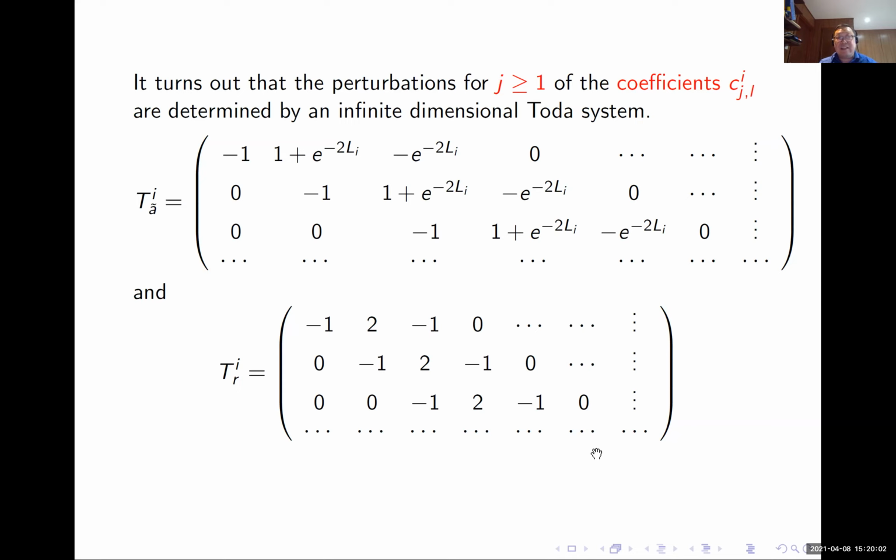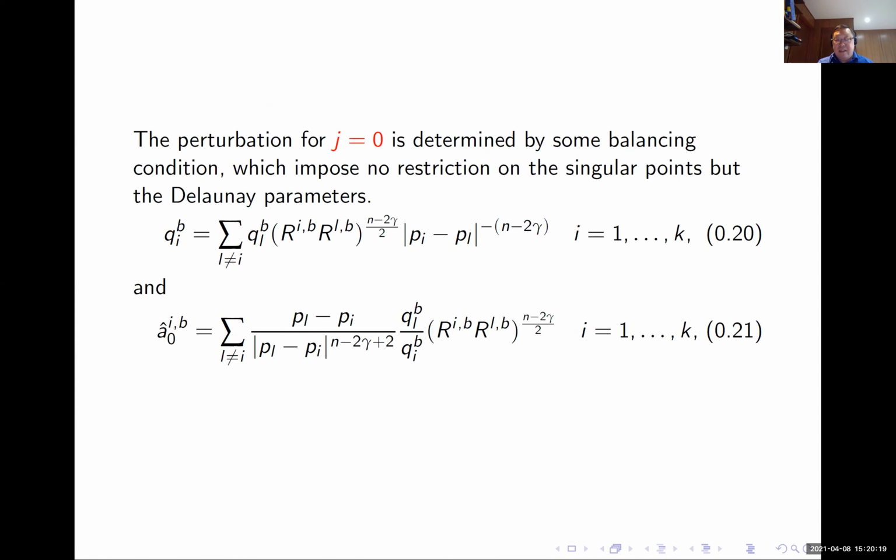And this is exactly what we use. We can solve the inverse of this matrix explicitly by viewing this as the discretization of u double prime, the Laplacian. And then the only thing left is to adjust the first bubble, where you perturb the location and perturb the first bubble by the Delaunay parameters.